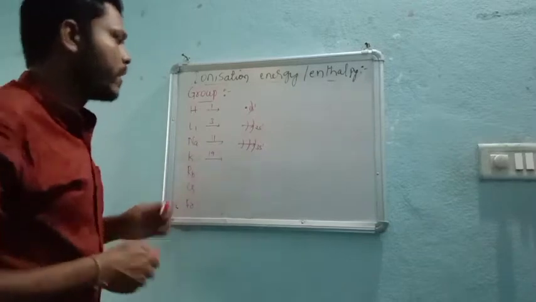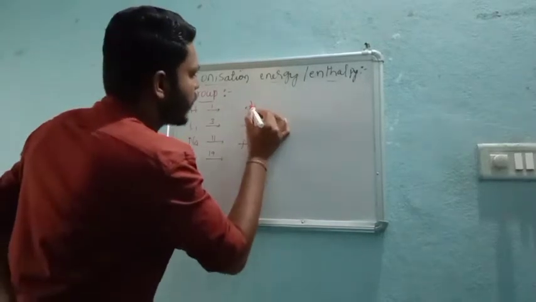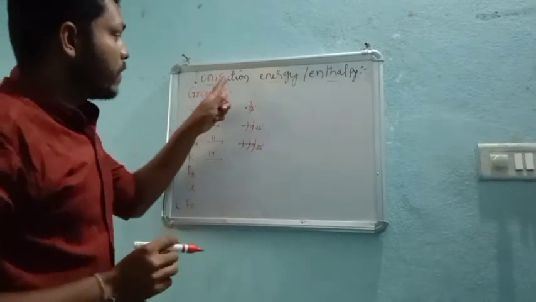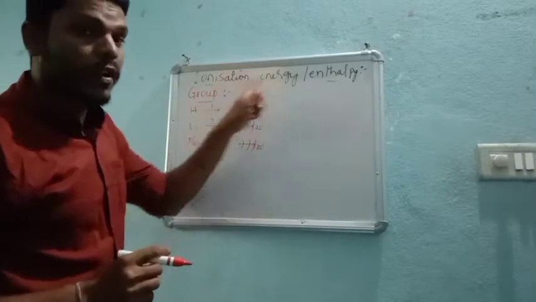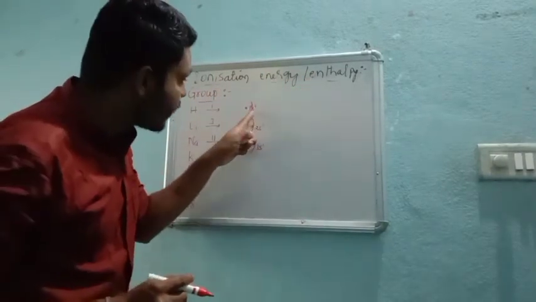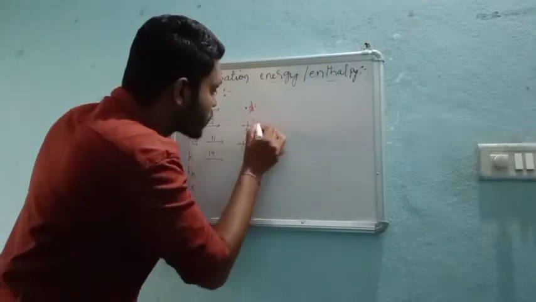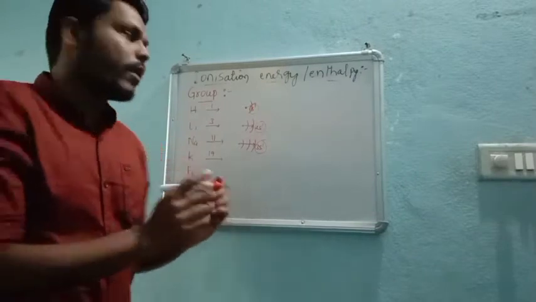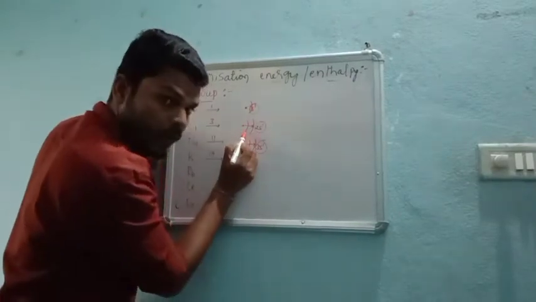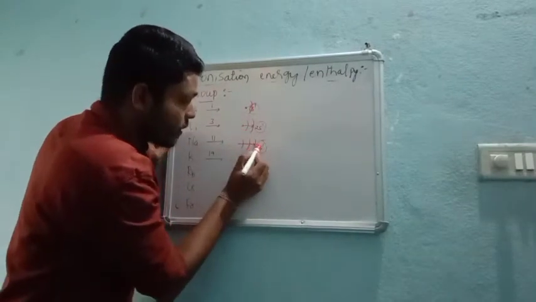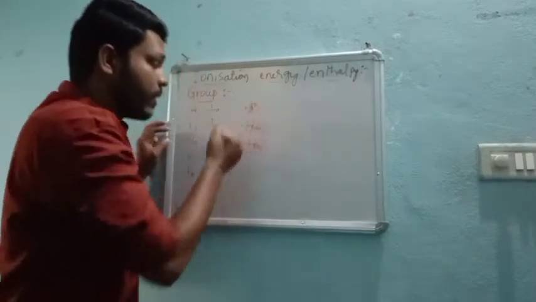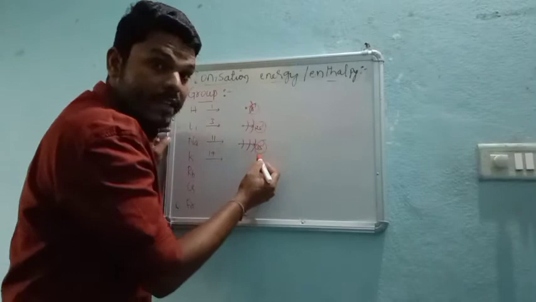That means ionization energy or enthalpy is directly related to the outermost shell electron. It is not related to the innermost electrons, right? It is directly concerned with the valence shell electron.